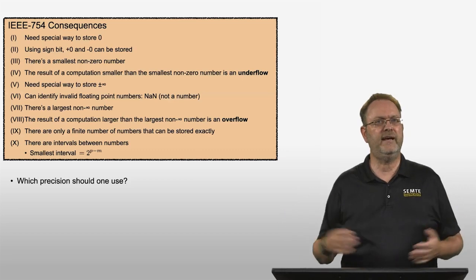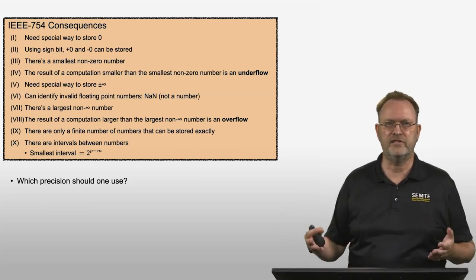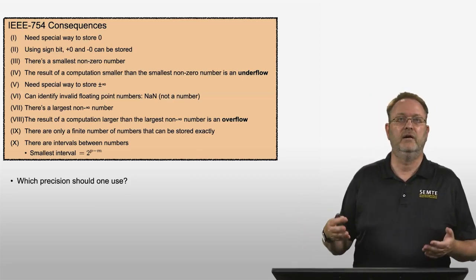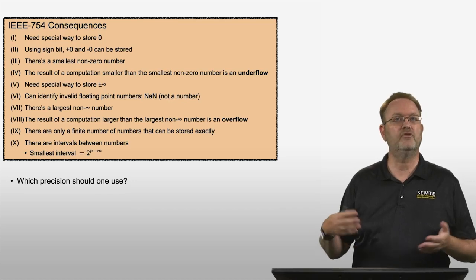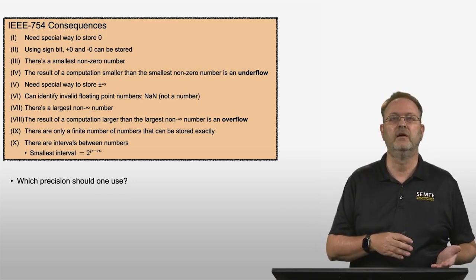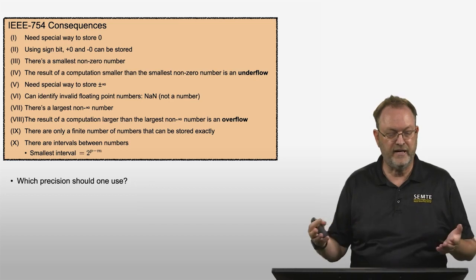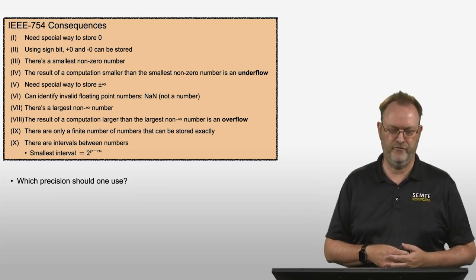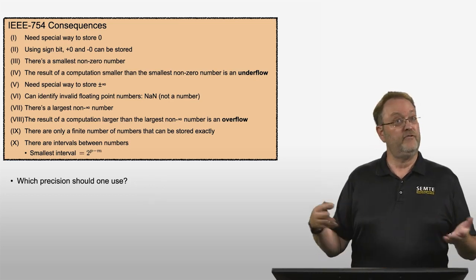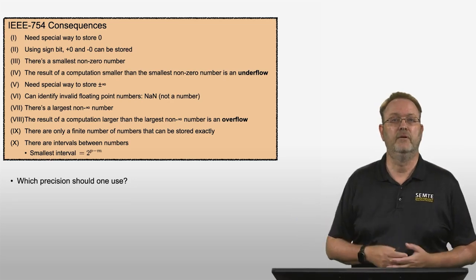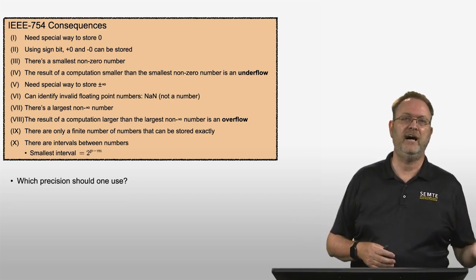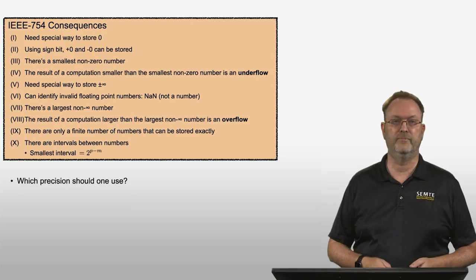So this slide now summarizes all the consequences that we went over that arise from using a certain number of bits for the mantissa and the exponent that are defined in IEEE 754. Now, 754 defines these different precisions from half precision all the way to quadruple precision.